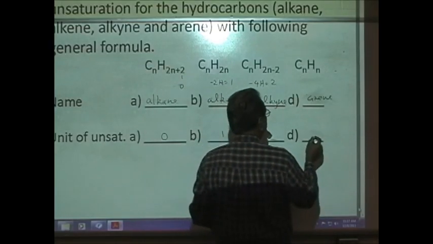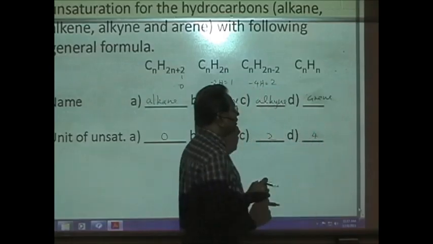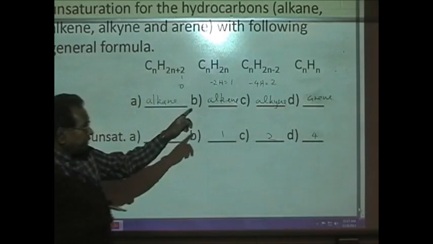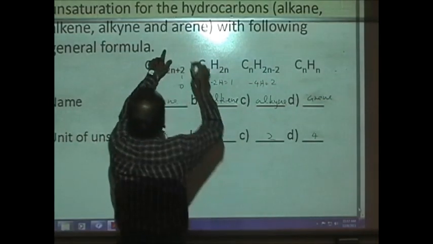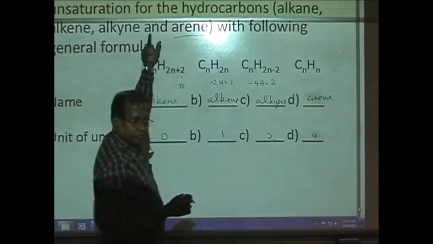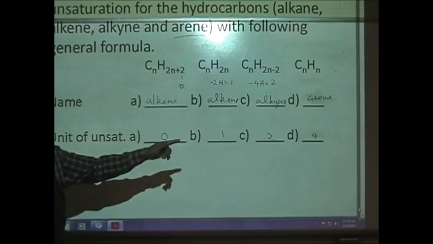I think it has 4 units of unsaturation. Because of arenes, we have only one of these, right? The question itself limits the answers. What is arene? Arene is a 6-membered ring with alternating double bonds, right? Unit of unsaturation is 4.